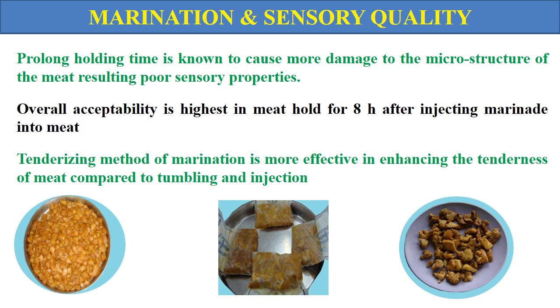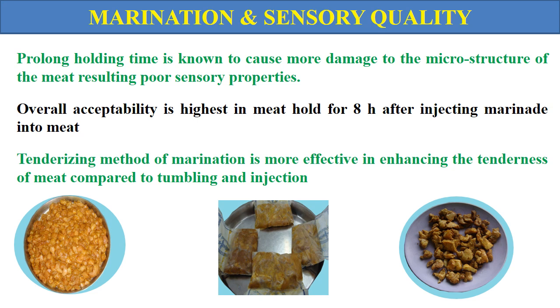It may make the meat soft, but the sensory quality will be affected. Overall acceptability, that is the reflection of overall sensory quality, is highest in meat held for 8 hours after injecting marinade into the meat. If we go by injection and hold it for 8 hours, that gives the best overall acceptability.